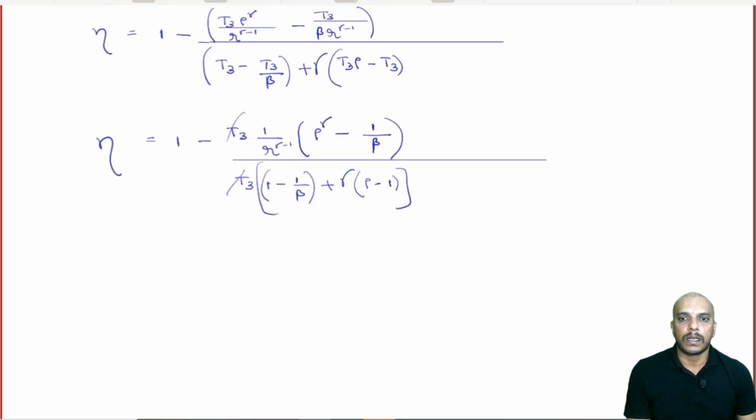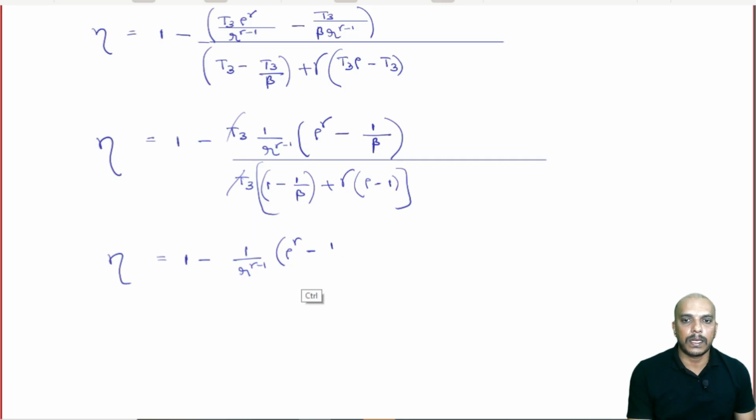Now, let us simplify this further. Efficiency is given by 1 minus 1 by R power gamma minus 1 into rho power gamma minus 1 by beta. Now, this can be further simplified.